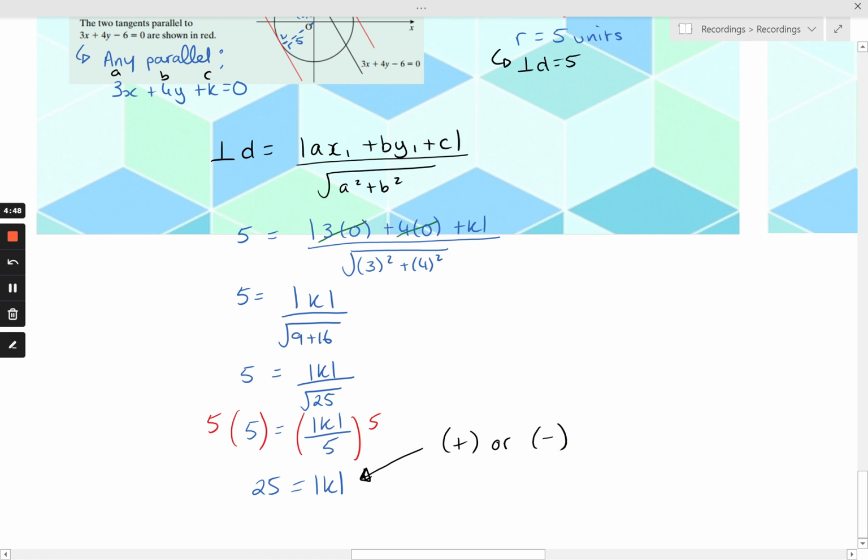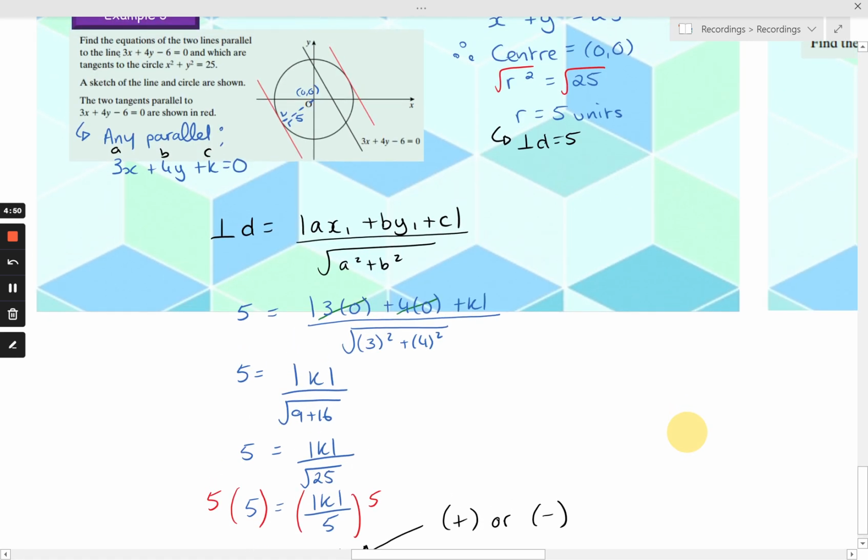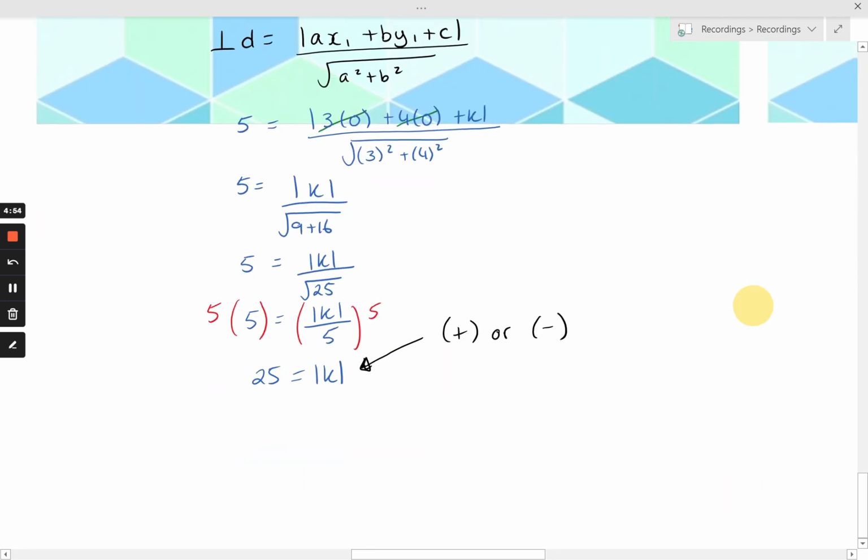Because remember at the start of this question, it says they want to find the equations of the two parallel lines. So if the modulus of k is equal to 25, that means k could be equal to 25, or k could be equal to negative 25. It could be either.